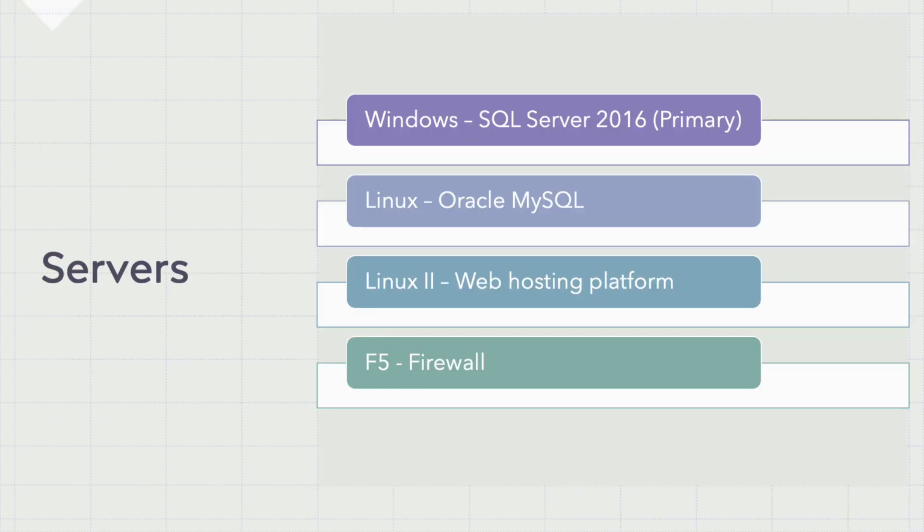So for the assignment, there are these 4 servers. We have the Windows server, which is going to be a SQL server, my primary server. A Linux server running Oracle MySQL, Linux Server 2, which will have a web hosting platform, and then F5, which will basically be like a firewall.